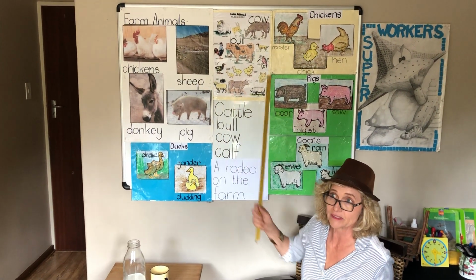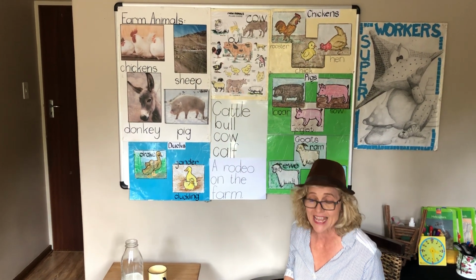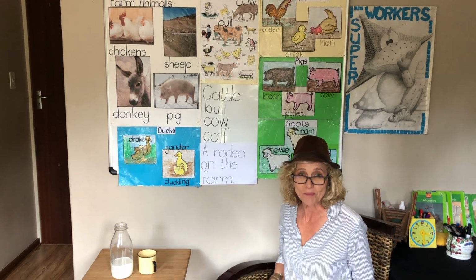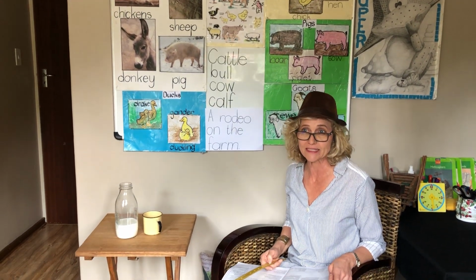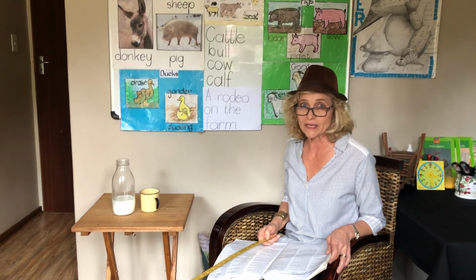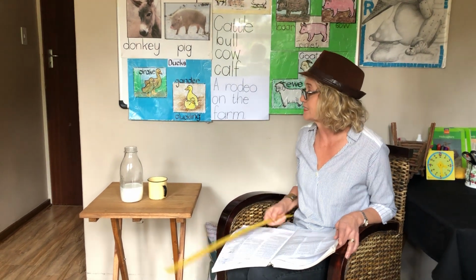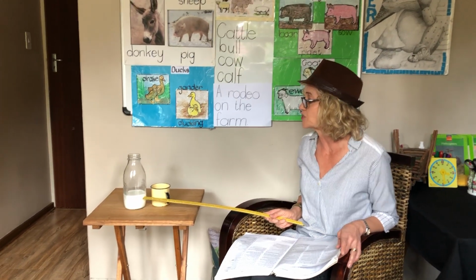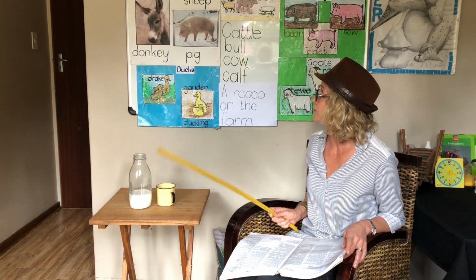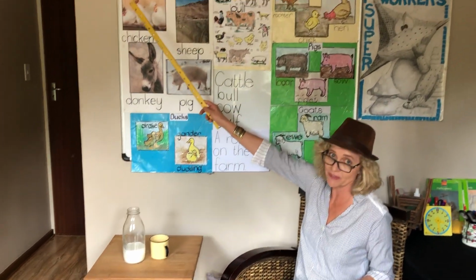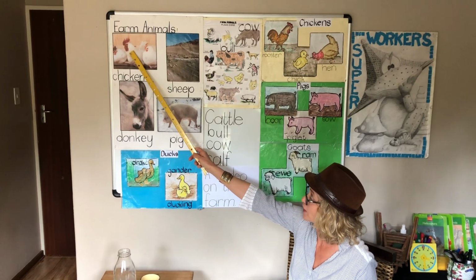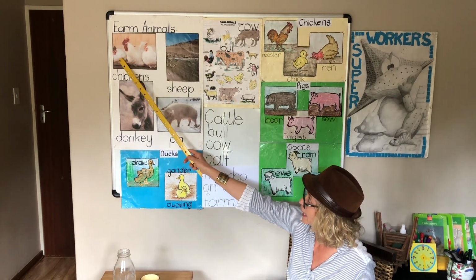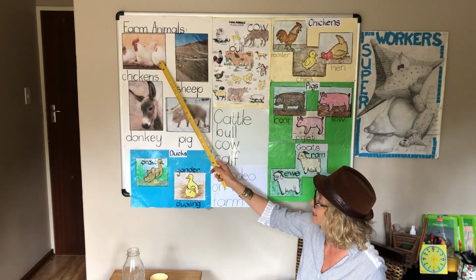Last term we learned about the farm animals, and we looked at their products. We looked at all the dairy products, for instance, and those are all the things that you can make out of milk, right? But here are some of the farm animals. We've got a rooster there and two hens either side.